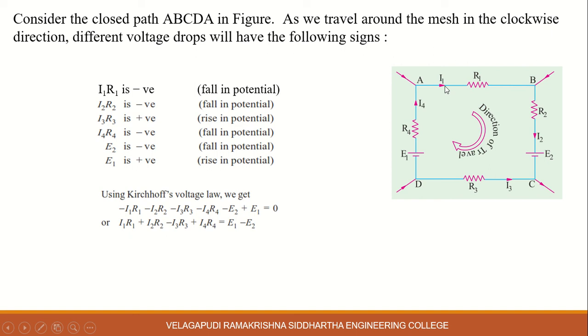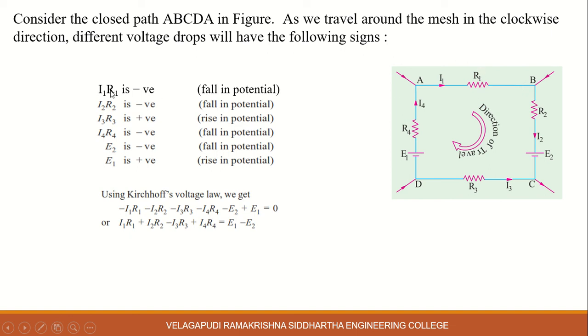Current always flows from higher potential to lower potential. Here higher potential means positive sign representation, and lower potential is negative sign representation. Positive to negative means voltage drop, a falling voltage. That's why it is represented with the negative sign at the voltage drop across resistor R1.